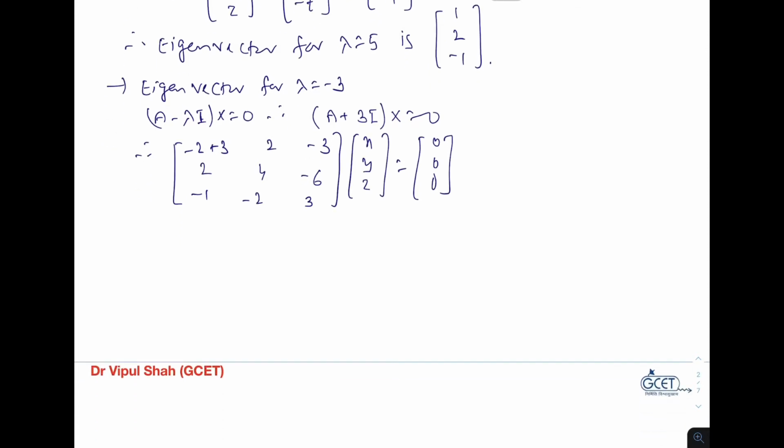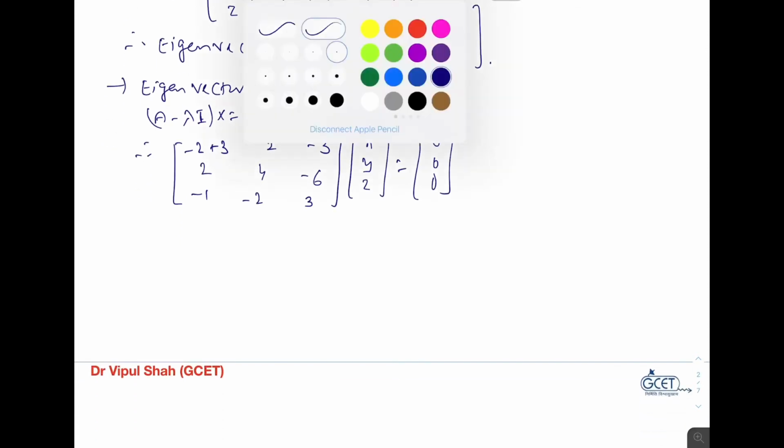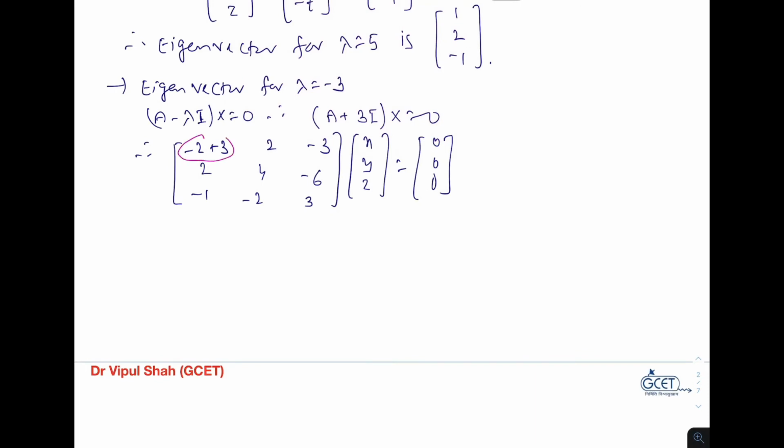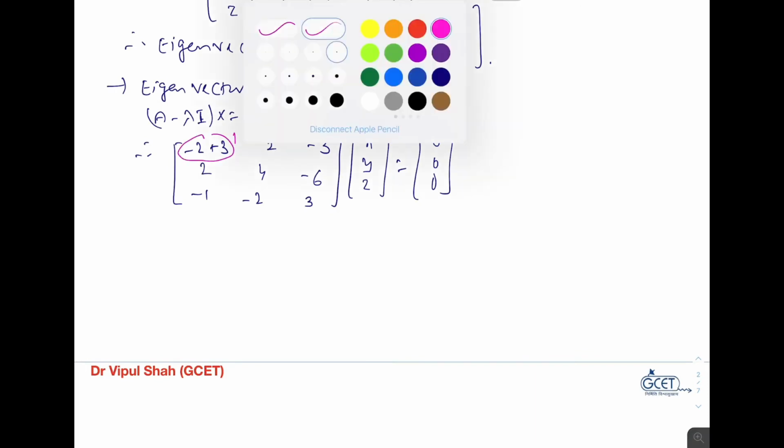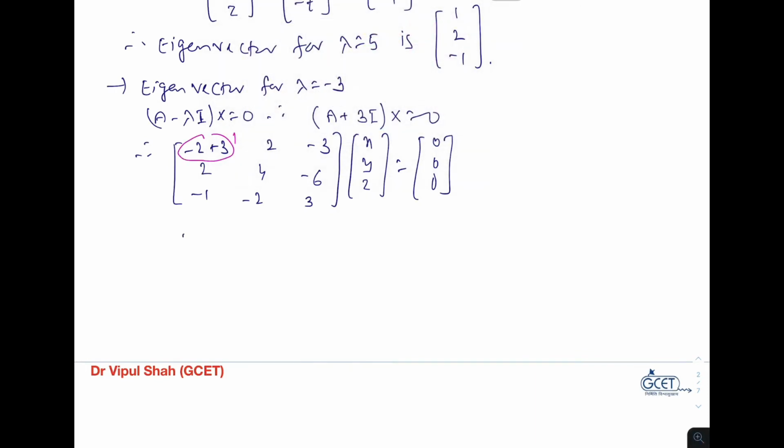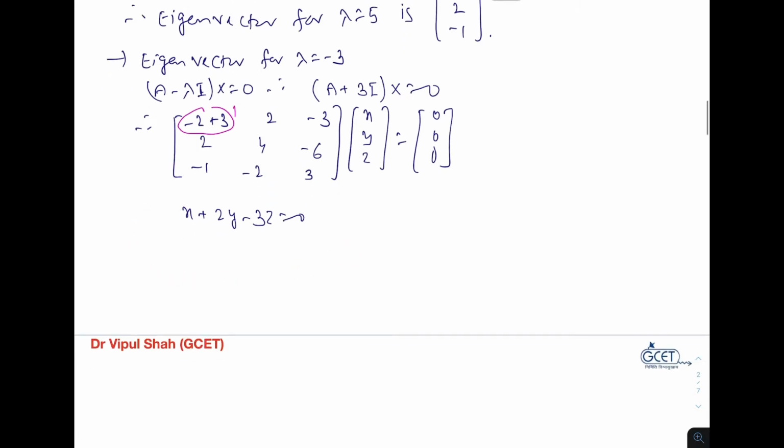Now see, all the three equations, this is 1. So this is x plus 2y minus 3z equal to 0. Now if I take this one, then also x plus 2y minus 3z equal to 0. If I take this, then also x plus 2y minus 3z equal to 0. So basically we are having only one equation, and that happens when the roots are repeated.